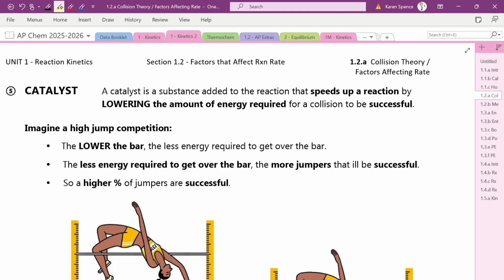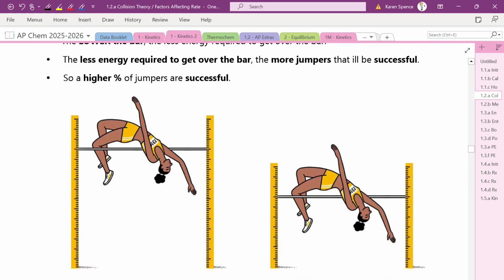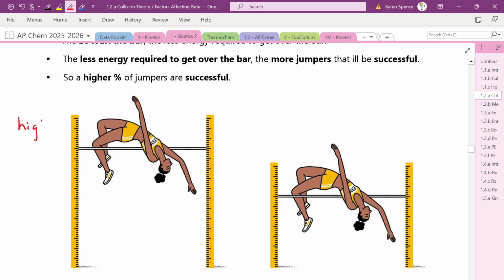It speeds up a reaction by lowering the amount of energy required. So you can think of this like a high jump competition, okay? If we have a higher bar, a smaller percent of athletes can successfully get over.